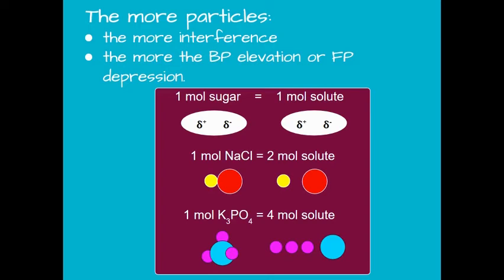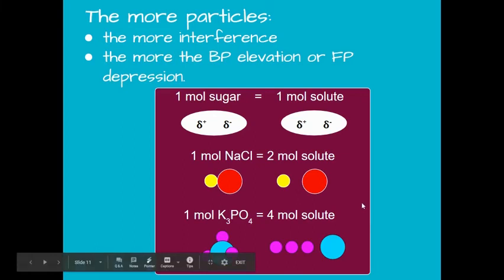If we have an ionic compound, however, not only does salt dissolve, but the water molecules also pull the ions away from each other. And so we can see here that a mole of sodium chloride will produce 2 moles of solute particles. So not only will the sodium get in the way, but the chloride will get in the way as well.